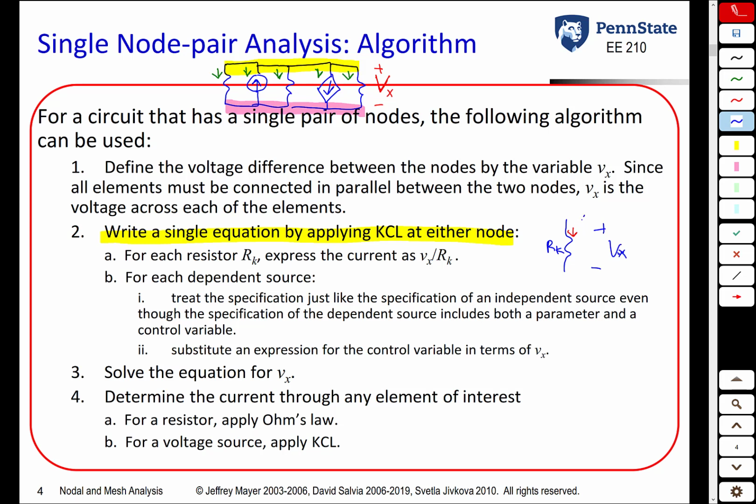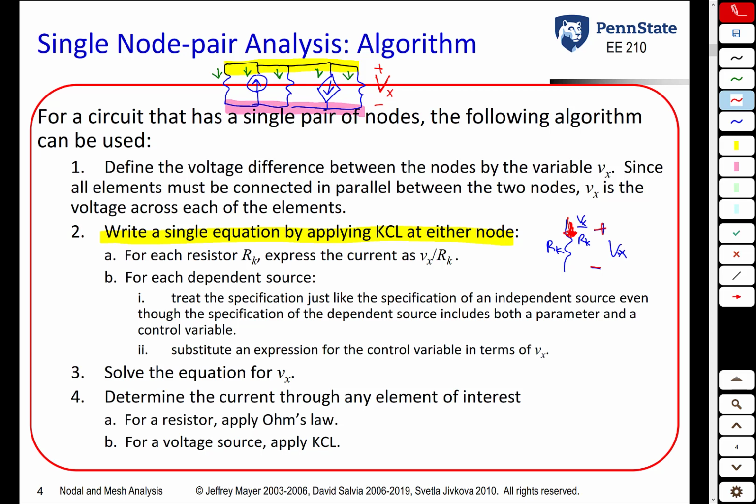Specifically, that current is V sub x over R sub k. The important thing to note here is the direction of the current arrow. If V sub x is defined with the plus on top and the minus on the bottom, this current has to be designated as going, once again, top to bottom.